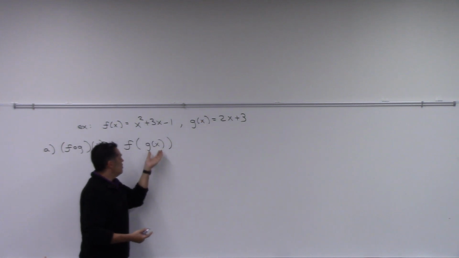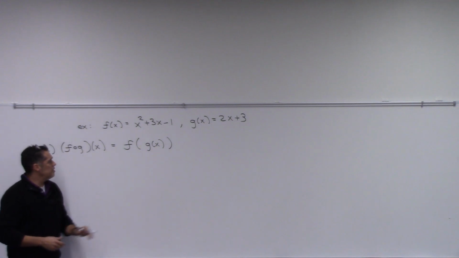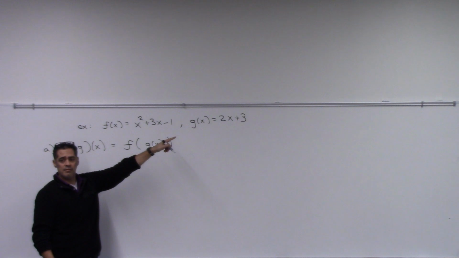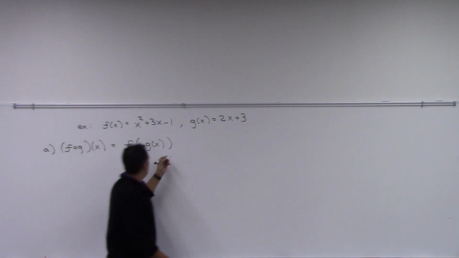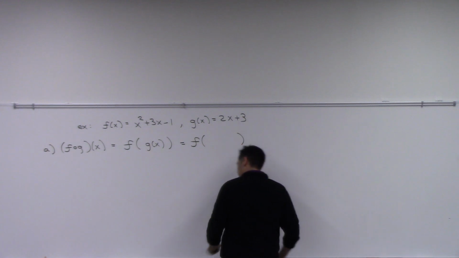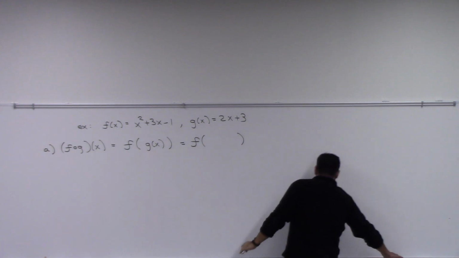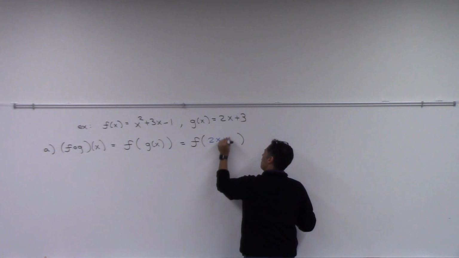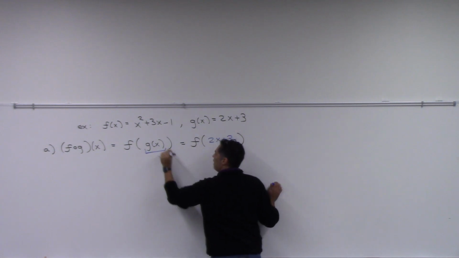But see, I'm not giving you a number anymore. So what you're going to do is you're just going to replace g of x with what it is, okay? You're going to replace g of x with, well, what is g of x? 2x plus 3, right? That's exactly what g of x is.